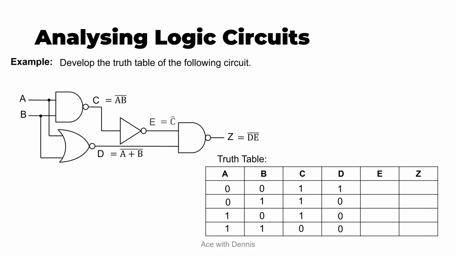For E, it is C bar, hence the result will be 0, 0, 0, 1. For Z, the result will be 1, 1, 1, 1. So this means that this circuit will always produce 1.